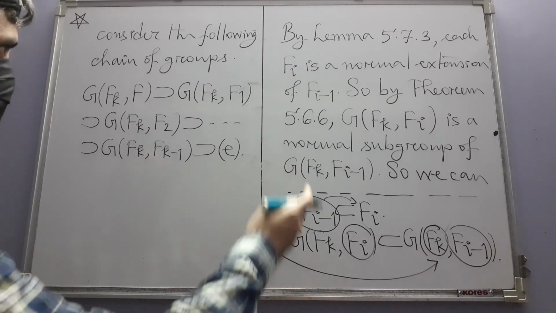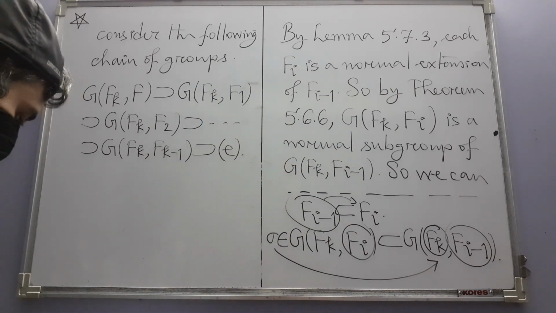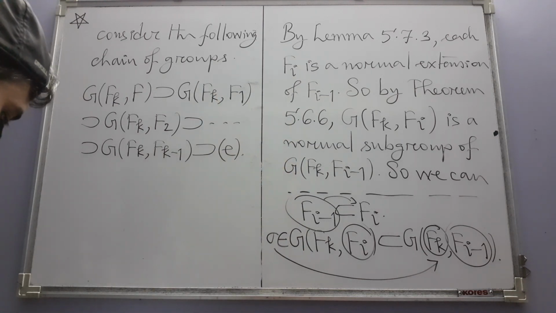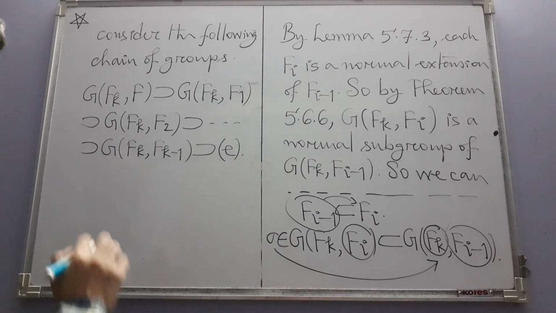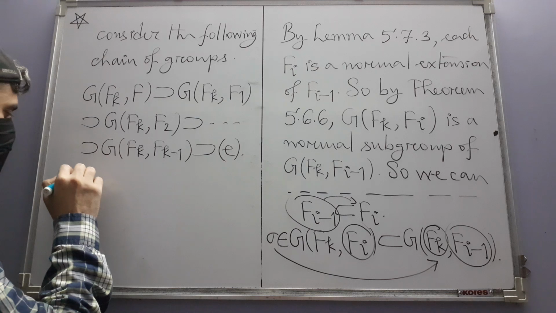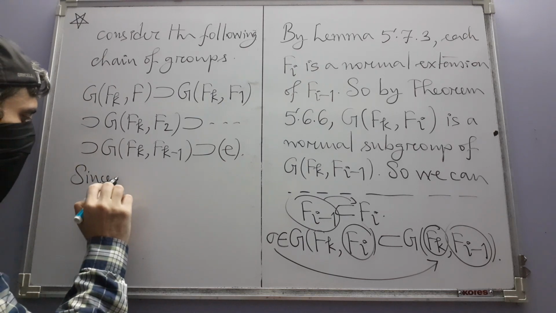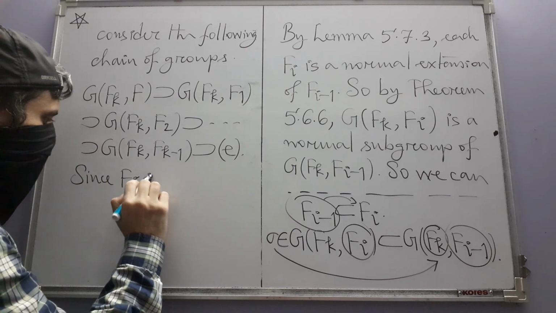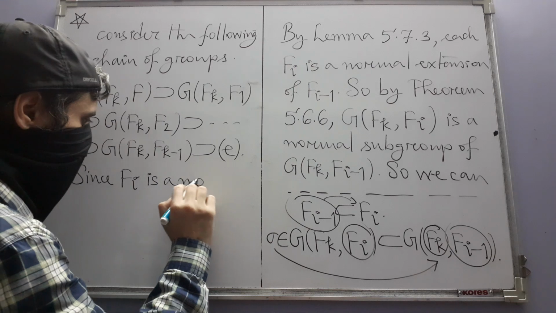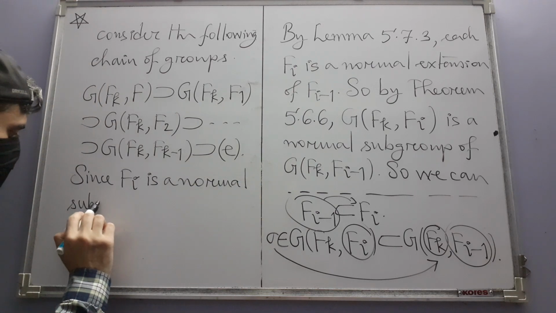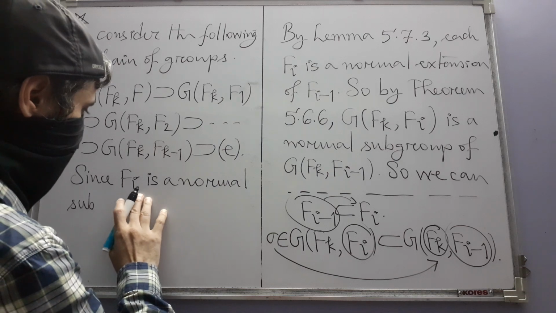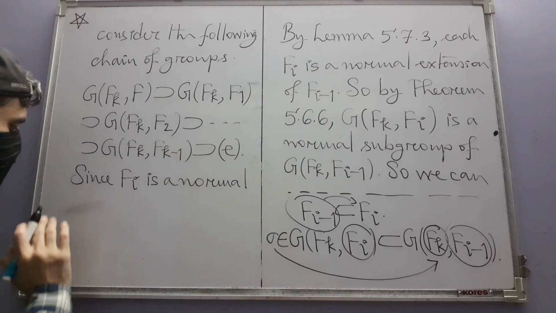Now additionally, Theorem 566 says something else also. It says additionally this, since Fi is a normal extension.